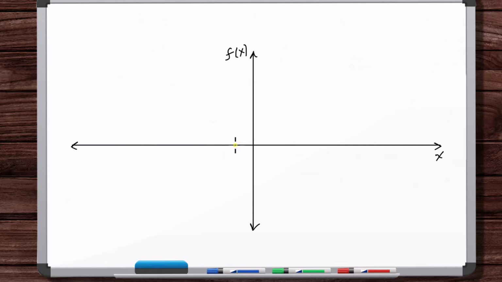what we could do is make a table with some input angles, and then the corresponding sine of x, that's f of x. Let's say this is sine x.